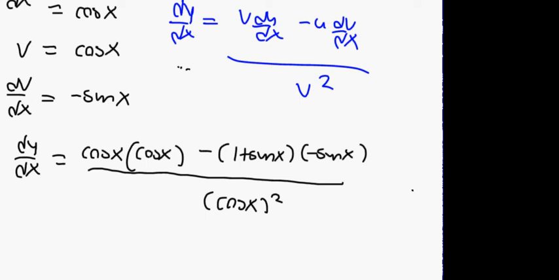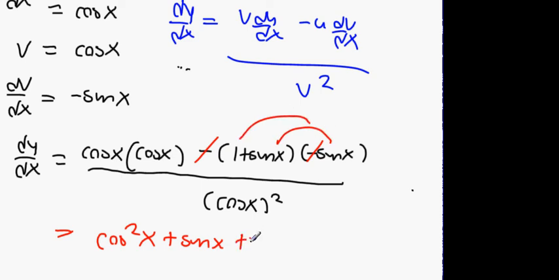Now, minus times minus gets you a plus. Do you understand? Next we're going to get cos x times cos x, which is cos squared x, sin x times 1, sin x, and sin x times sin x, sin squared x.